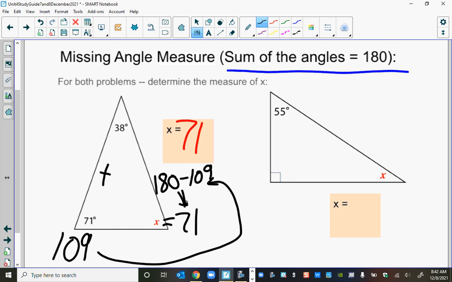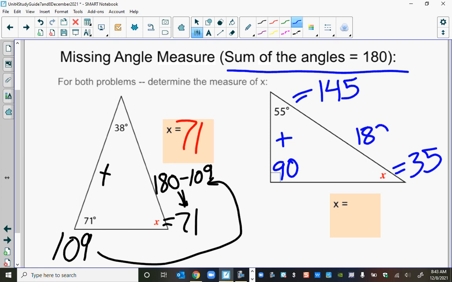All right, what about the other one? You got a 55 and a box. Last one's going to be 35. How'd you do it? Okay, so do we add 55 plus the box? Plus 90. That's what we need. 90 and 55 is 145.